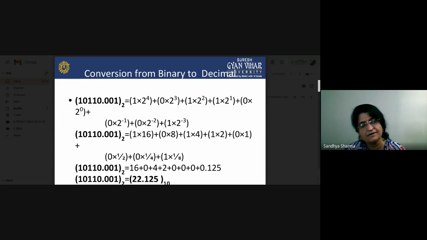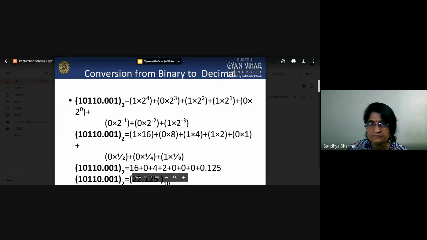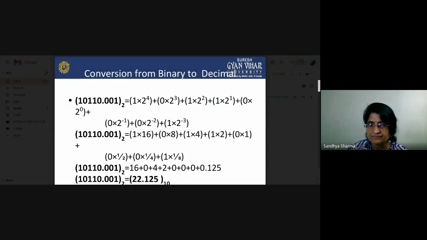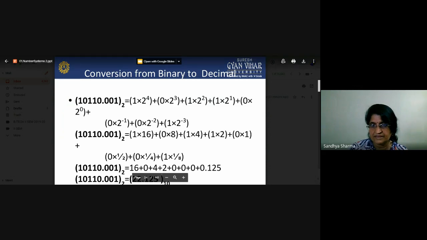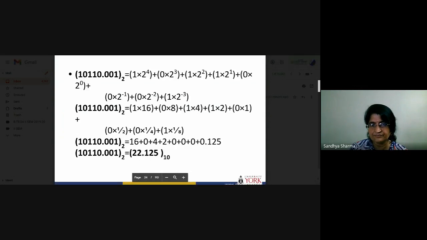For the integer part it is different, and for the fractional part it is different. In the fractional part you multiply by 2 to the power minus 1, minus 2, up to the last position of your fractional number. That depends on how many digits you have; if you have 3, it is minus 1, minus 2 and minus 3. After multiplication you add all the numbers and then you get the result.